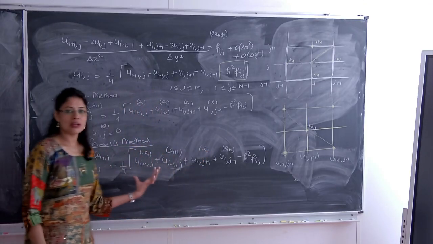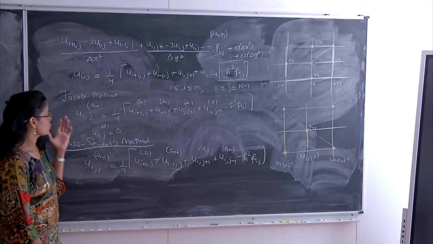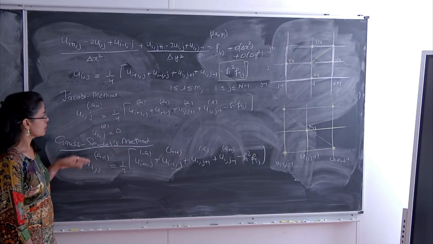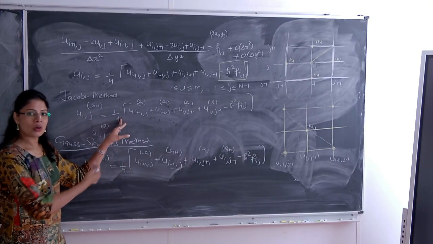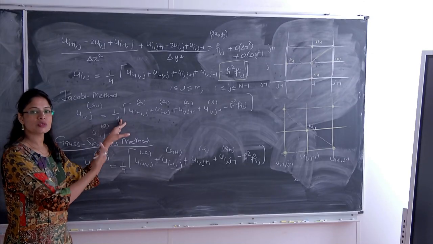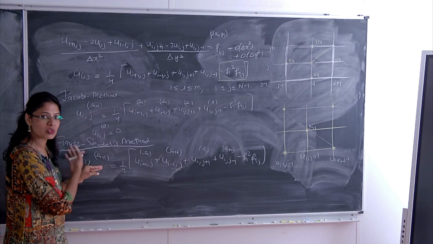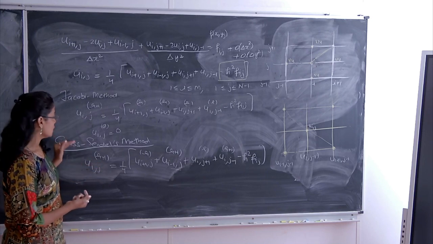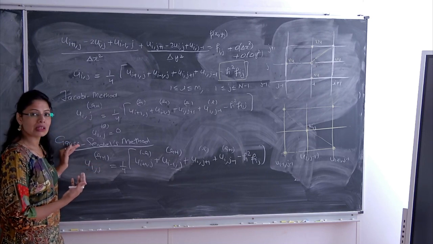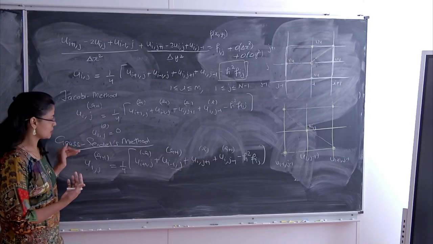So this is the only difference between your Jacobi method and the Gauss-Seidel method. Here we change all the values and then update them, but here as soon as I get a value, I use the updated value, and I will get a better solution with the help of the Gauss-Seidel method.